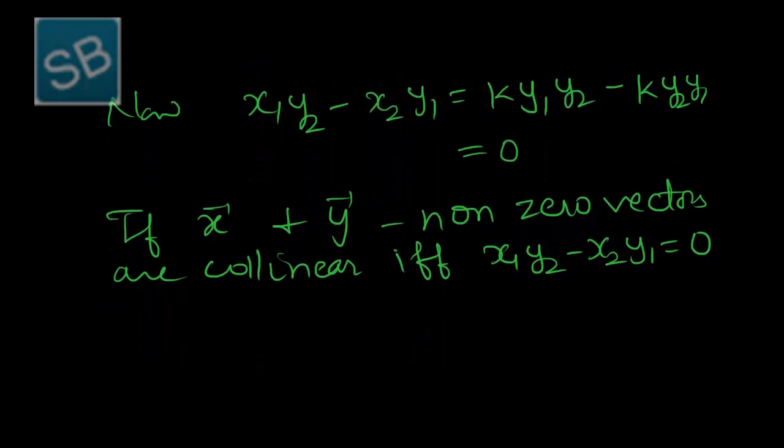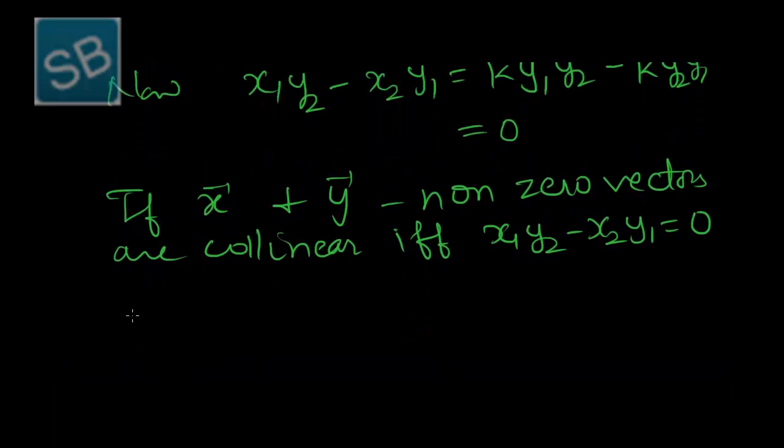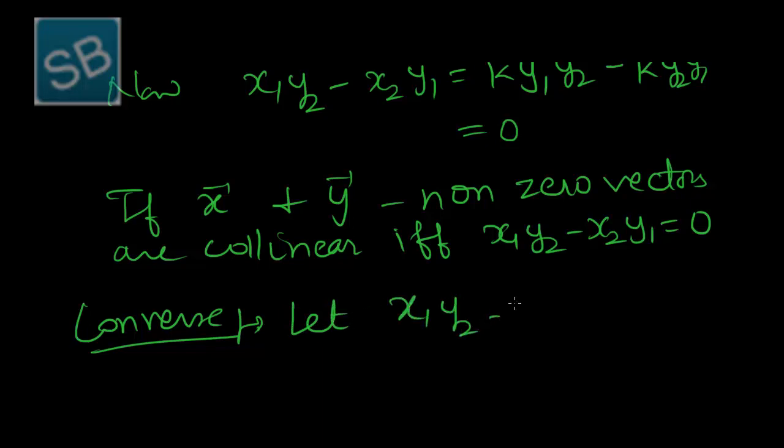Now we have to prove the if and only if part, that is, the converse. In the converse, we have to prove k is not equal to 0 and x and y are non-zero vectors, and this property holds already. Let x1 y2 minus x2 y1 be equal to 0. That is, we get x1 y2 is equal to x2 y1.